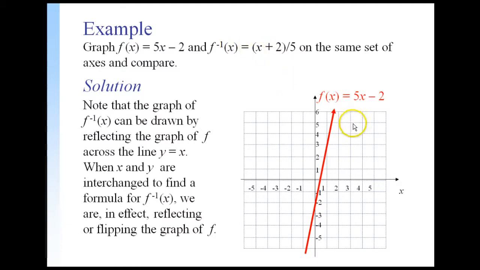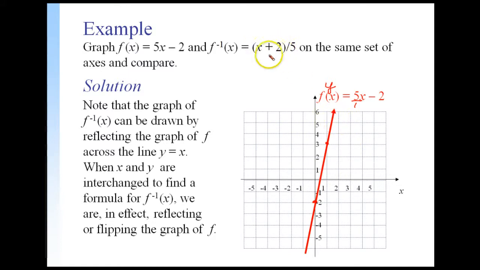So what they've done is they've put this here, and remember, when you're graphing this, this is y. So our y-intercept is -2, right there. Our slope is 5 over 1. So you go over 1, and then 1, 2, 3, 4, 5. And that will give you your primary line.